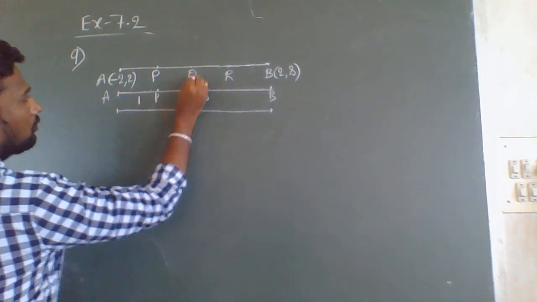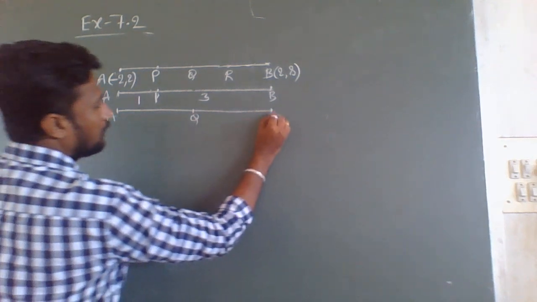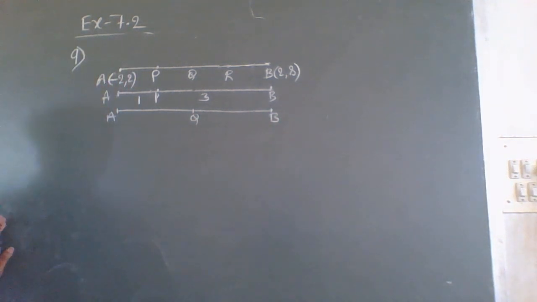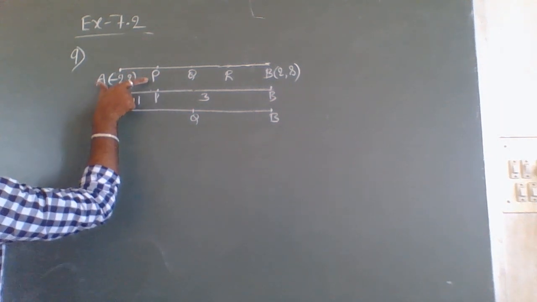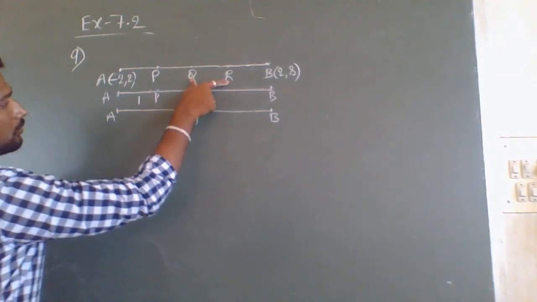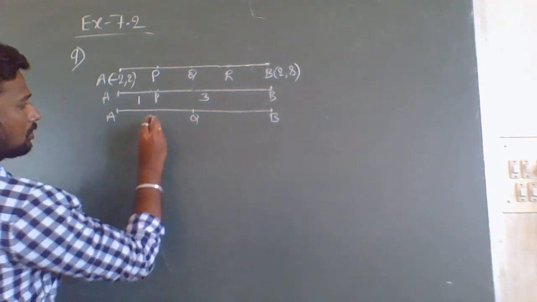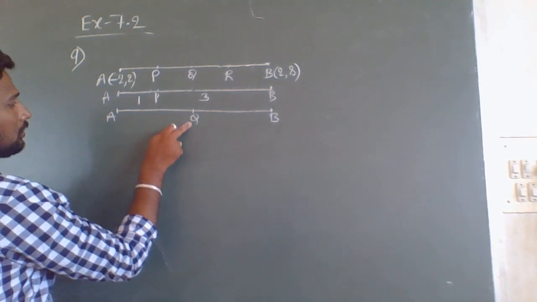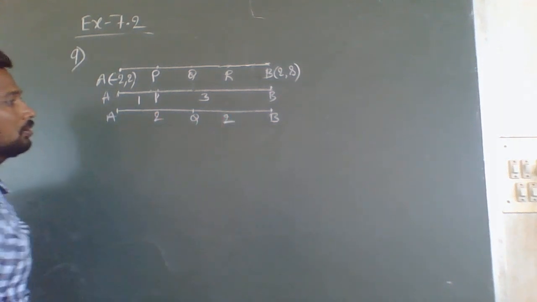Next, point Q. Now we will consider this point Q. This point Q is dividing line AB in the ratio. See here, before Q there are 2 parts, AP and PQ. And like this only, after Q also there are 2 parts, QR and BR. So this point Q is dividing line AB in the ratio 2:2.